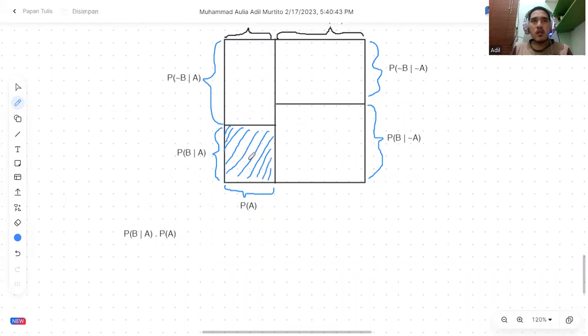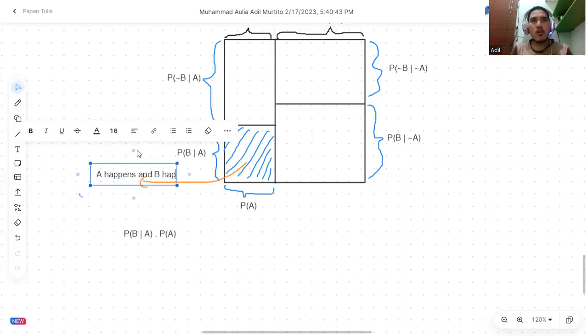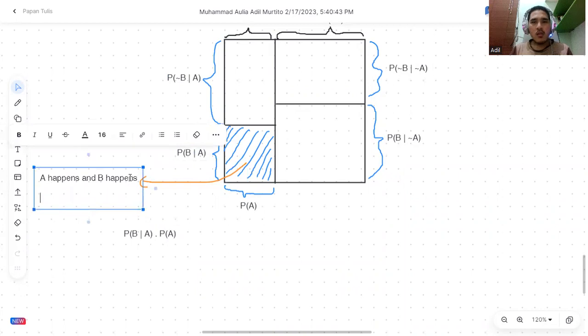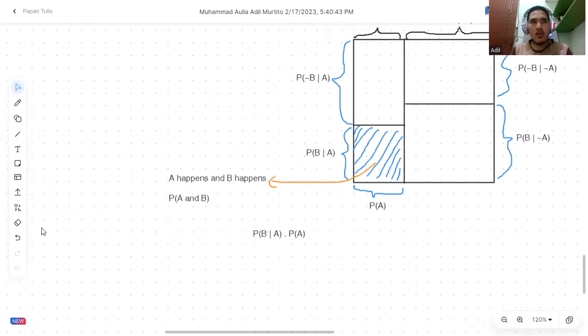In this area, A happens and B happens. In other words, it tells us the probability of A and B. We could also represent this notation as P(A and B), like this.